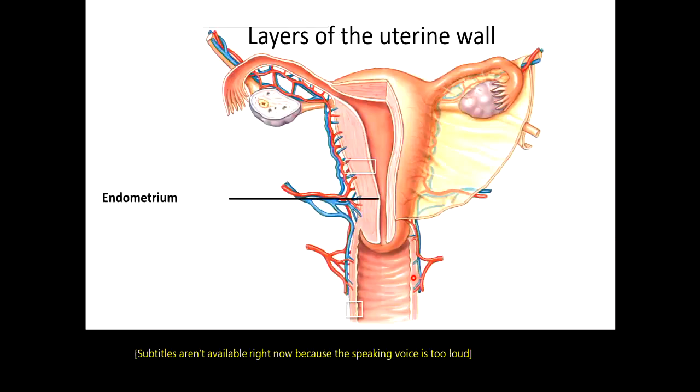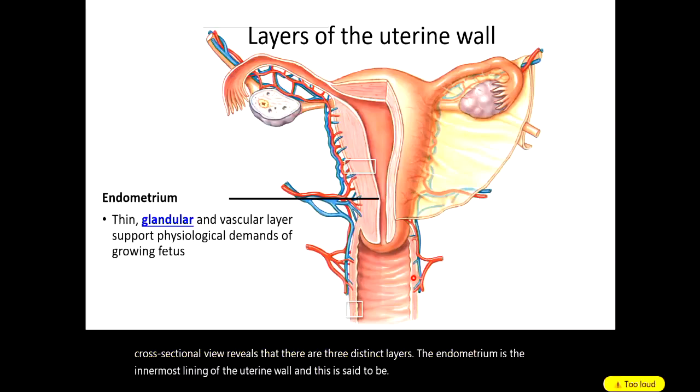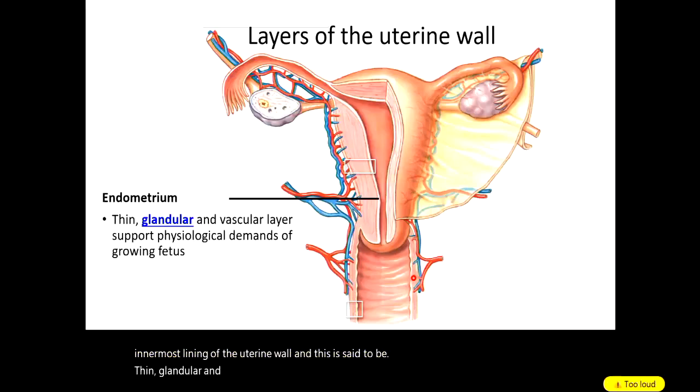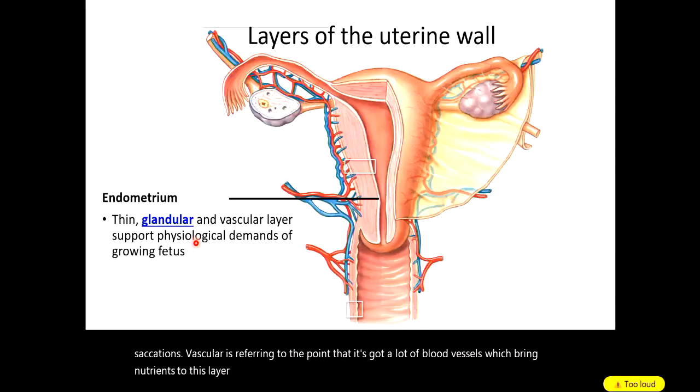The endometrium is the innermost lining of the uterine wall, and this is a thin glandular and vascular layer. Glandular means it's able to release a number of secretions. Vascular refers to the fact that it's got a lot of blood vessels which bring nutrients to this layer and carry away waste as well.